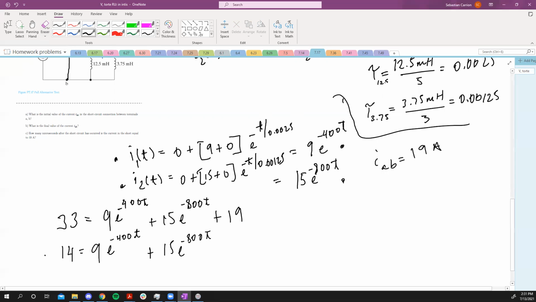Okay, so once we get here, what do we do? We look at our exponentials. If we were to square e to the negative 400t, we would get e to the negative 800t.